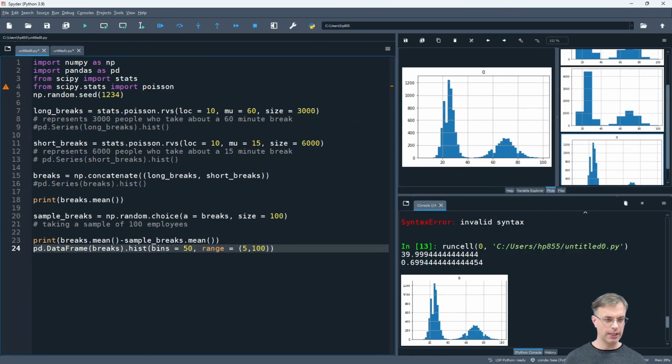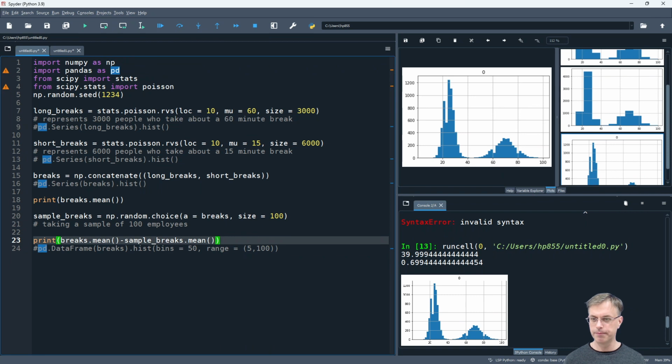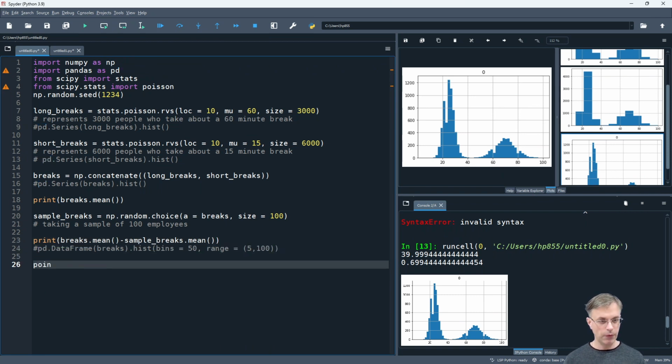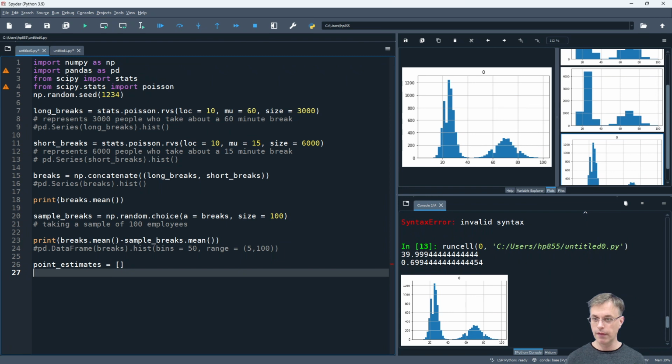Okay, Spyder again, and let's continue. Let's get rid of this here. Do we need this data frame again? I believe not. Yeah, not now. We will update it anyway. So point_estimates, this is going to be a list.